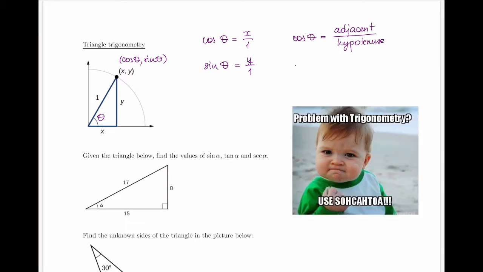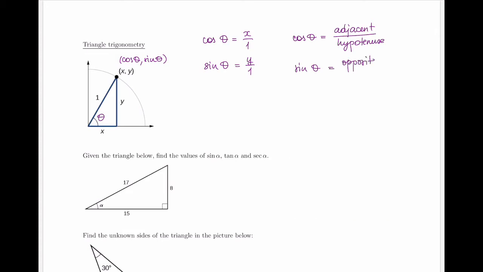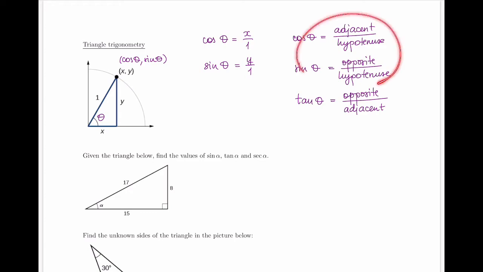For the sine, we're going to have opposite side to the hypotenuse. And then we can derive the rest of the trigonometric functions respectively. So for example, tangent will then be opposite over adjacent, because it is sine over cosine, and therefore I can actually take these ratios and simplify it from there.